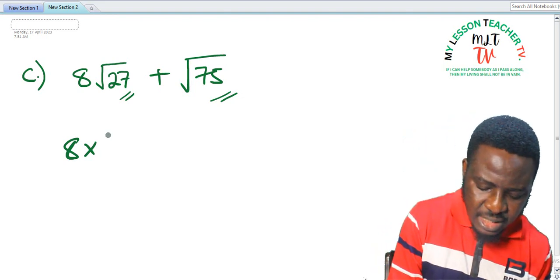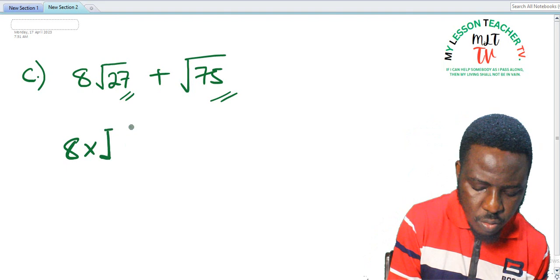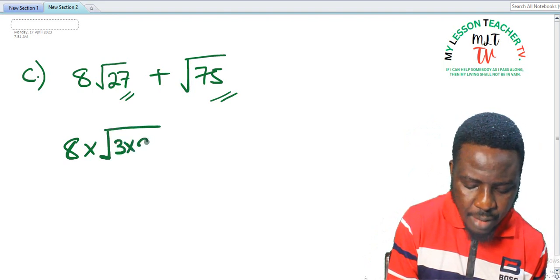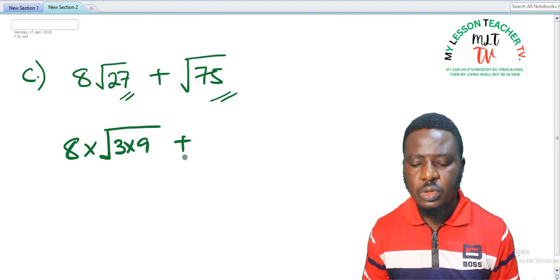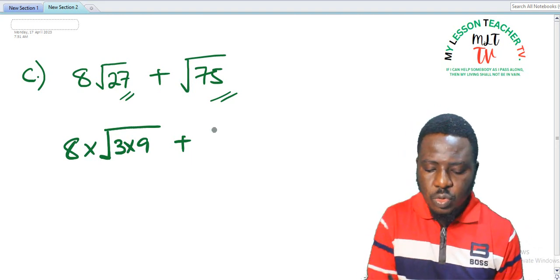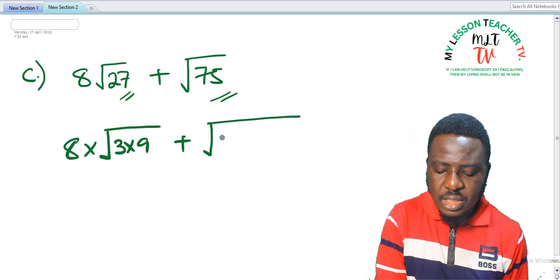So that can serve as root 3 times 9, plus, also do the same to root 75. Root 75 can also be expressed as 3 times 25.